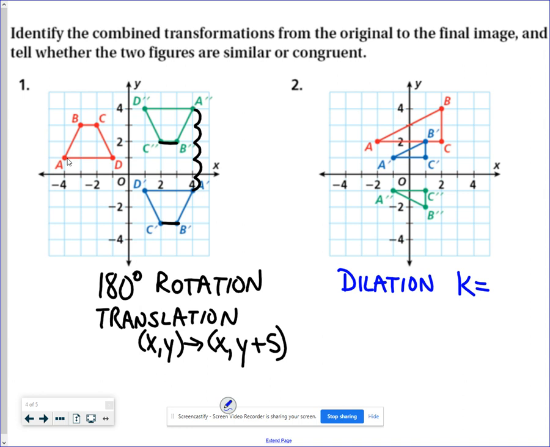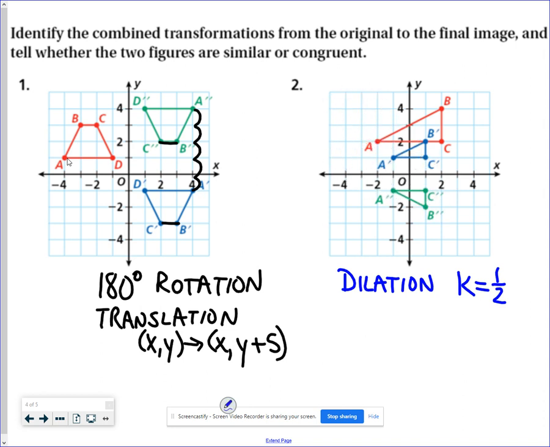To go from A to A prime, this is at -2, 2. And this is at -1, 1. And you can check all these other ones. Everything's getting cut in half. Everything is closer to the origin, and we are multiplying by 1/2. That's what our scale factor is.